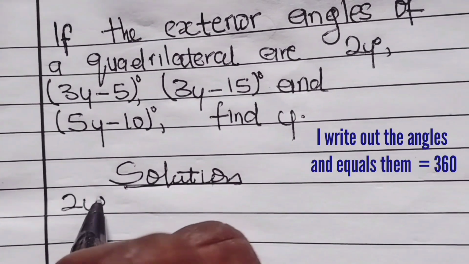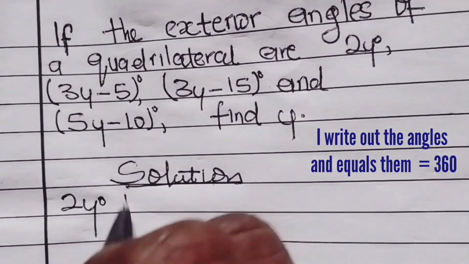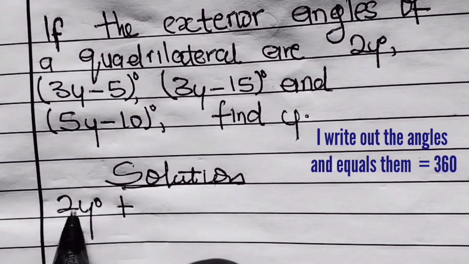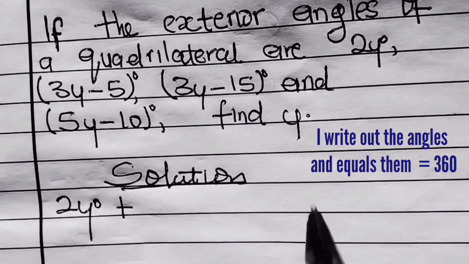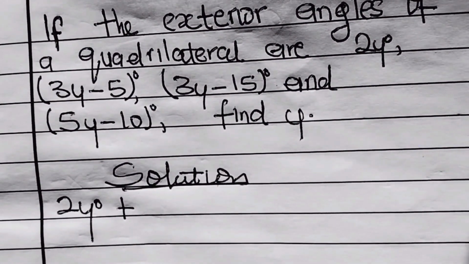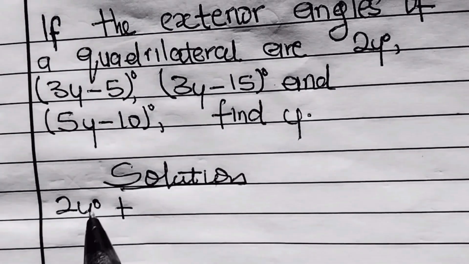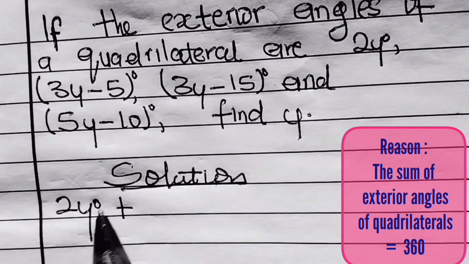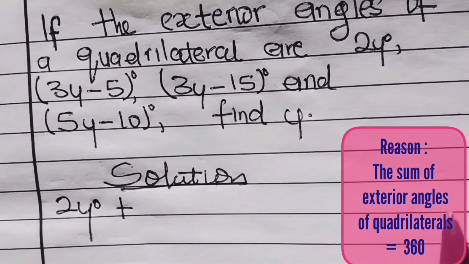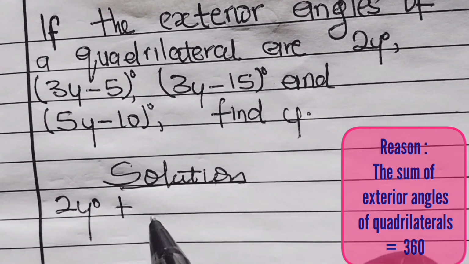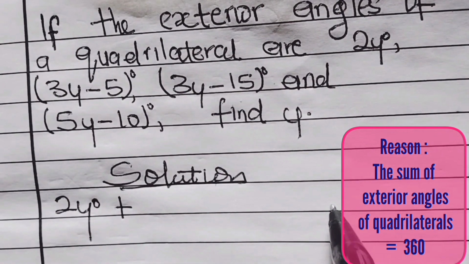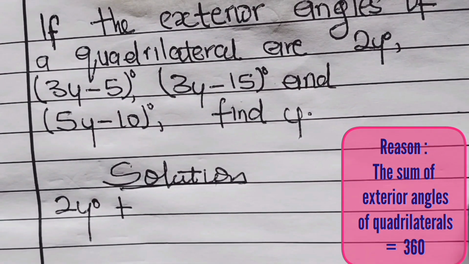Then I'll add all of them together and equate them to 360, because as I always say, the exterior angles of any polygon must equal 360.